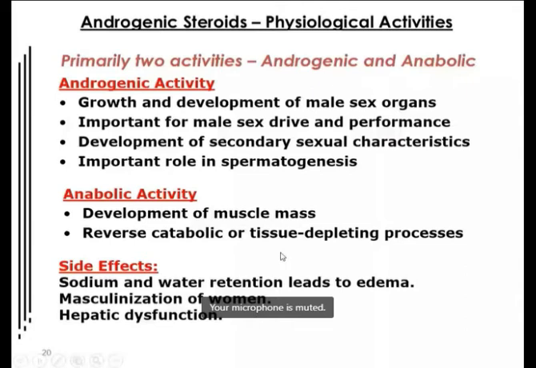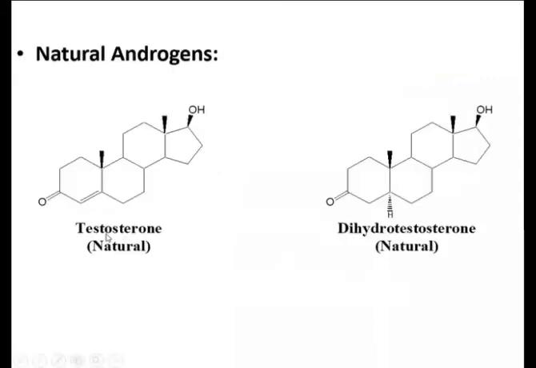The natural androgens are testosterone and dihydrotestosterone. This is the structure of testosterone, and this is the structure of dihydrotestosterone. Now you can see hydrogen here, added by 5-alpha reductase. In the third position there is a keto group; 3, 4, 5.